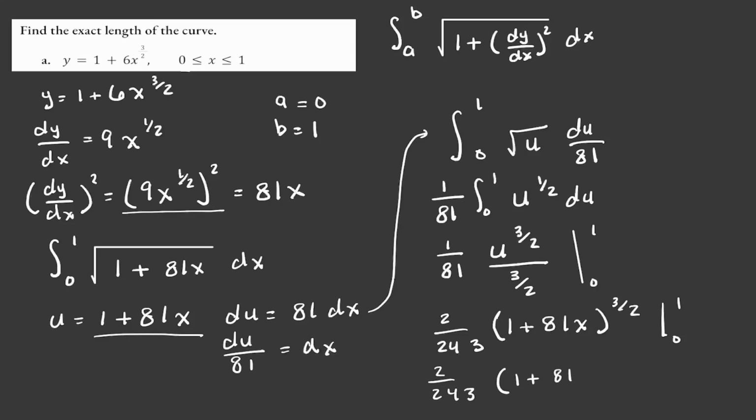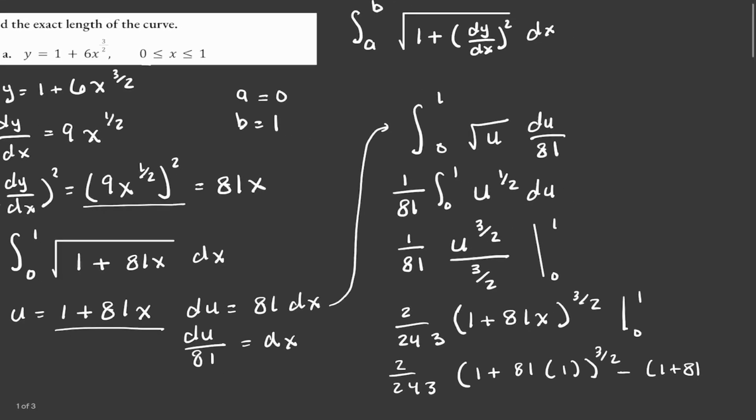When we evaluate it from 0 to 1, we get 2 over 243 times 1 plus 81 times 1 to the 3 halves, minus 1 plus 81 times 0 to the 3 halves.